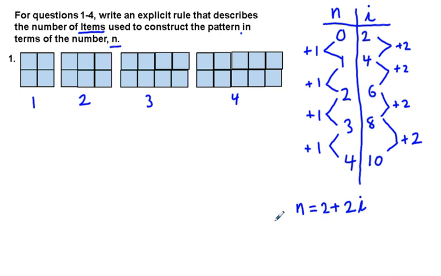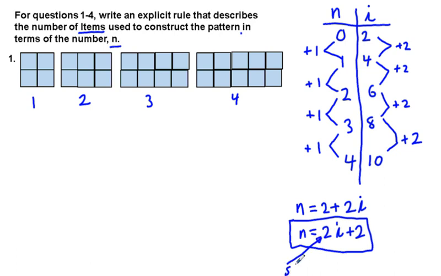And you can rewrite this. We can say n is equal to 2i plus 2. We can write it that way also. But that's just kind of a logical approach of looking at it. In terms of equivalency, if we were looking at an algebra equation here, this 2 would be the slope, or the coefficient, and this other 2 over here will be our y-intercept.